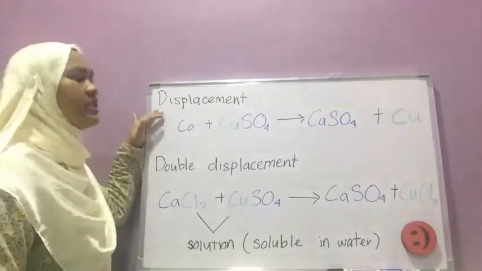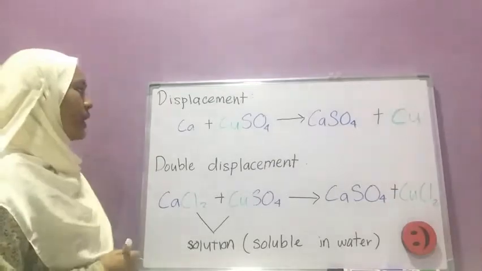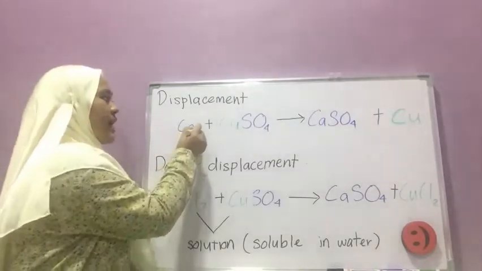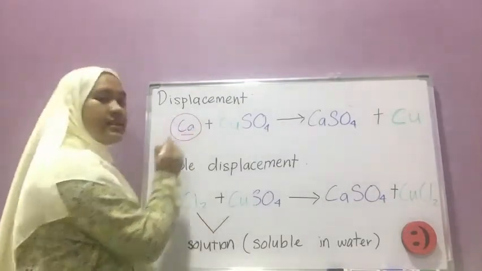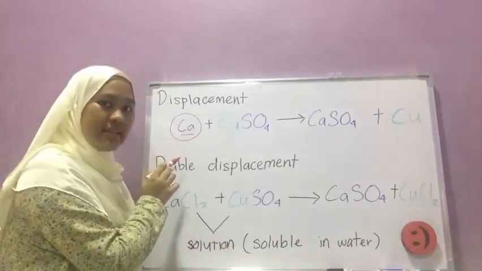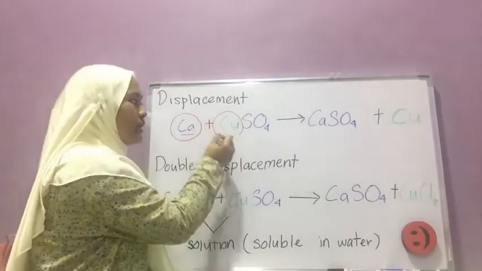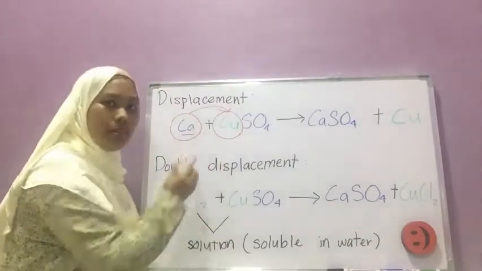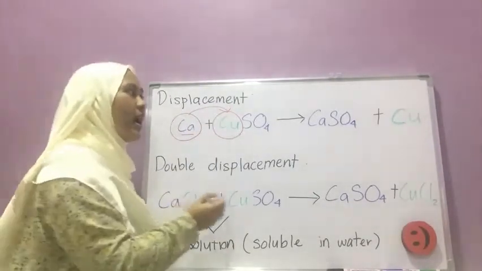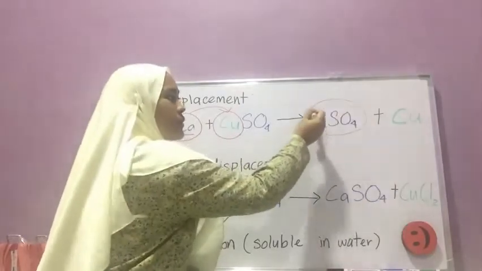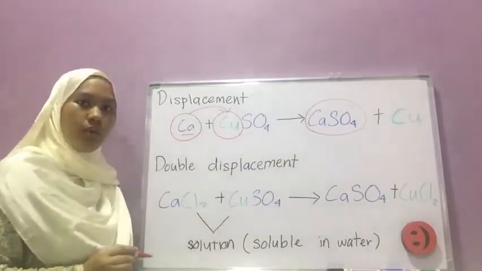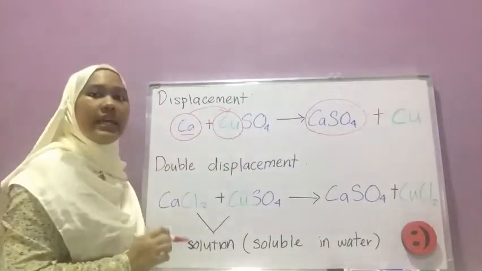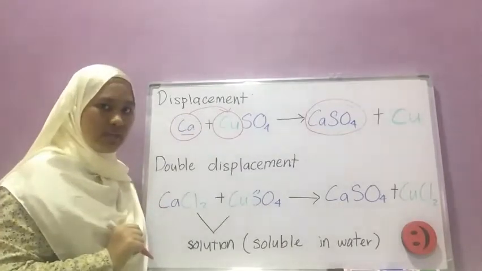So look at the displacement first. So we have calcium. When the calcium is more reactive than the copper, the calcium will replace the copper. Then it will become calcium sulfate. So this only involves one displacement.